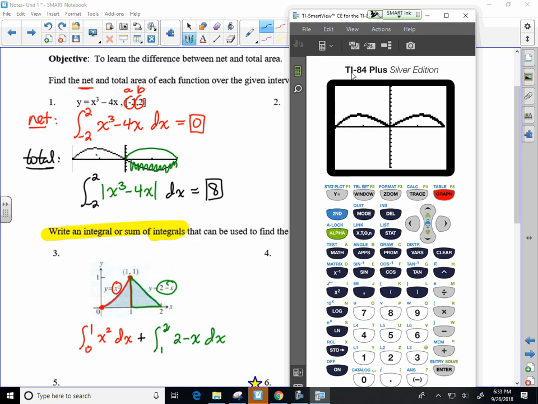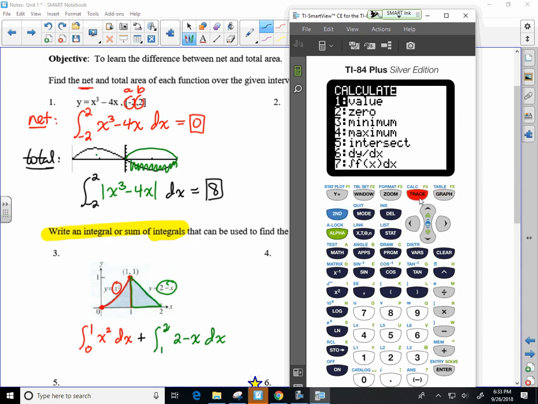One thing that they tend to default to is in the calculate menu, second trace. It's fine. It's an approach that you could use, but it is strictly reliant on your ability to come up with a good viewing window. So if you can't come up with a good viewing window, this method's not going to work well for you. The home screen approach that I was showing you is the best way to go because it's irrespective of viewing windows.